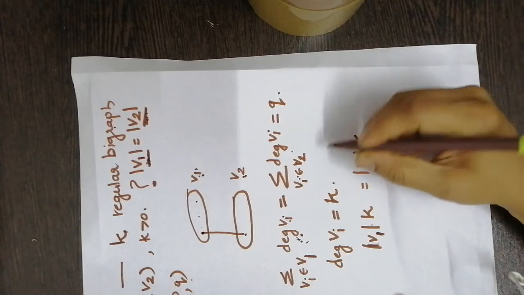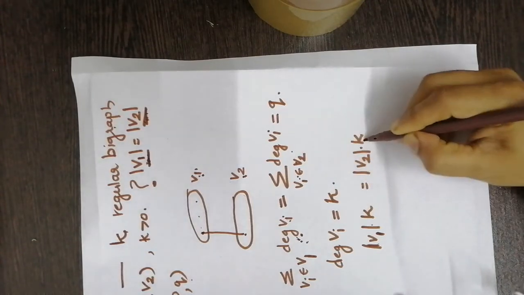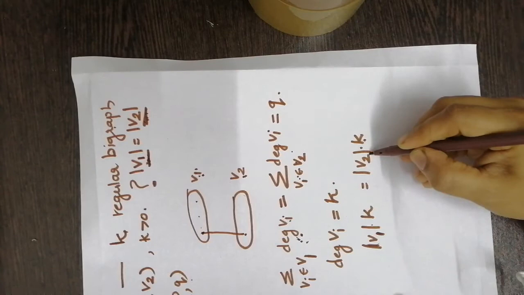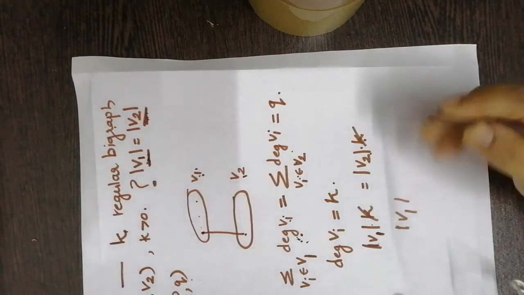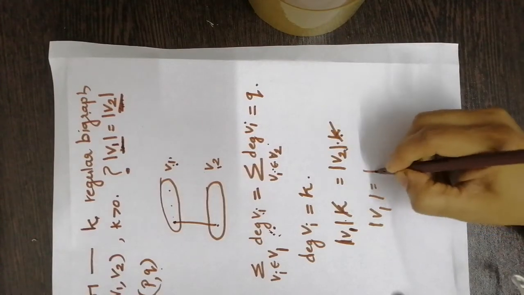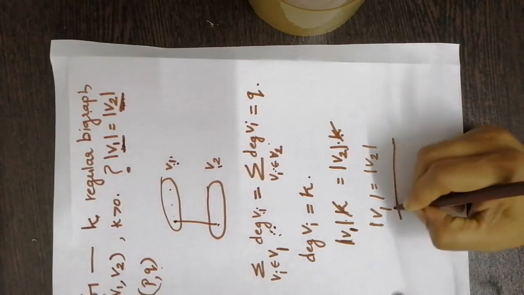So you can cancel the k, and you get that the cardinality of V1 is the same as the cardinality of V2.